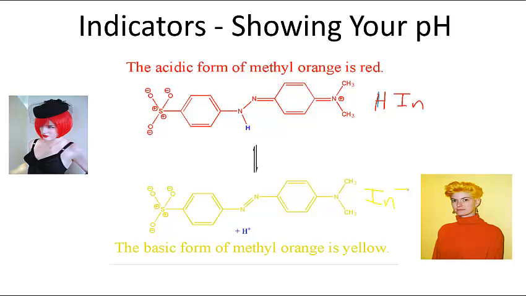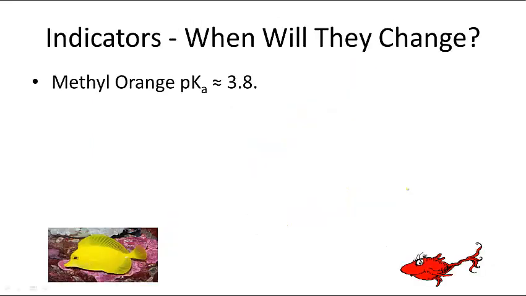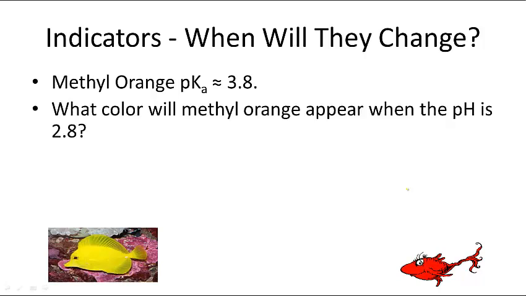So here's what I want you to imagine. First of all, I'll tell you the pKa of methyl orange is 3.8. Imagine a situation where we put methyl orange in a solution, and the solution has a pH of 2.8. Now in that solution, am I going to have more yellow fish or more red fish?